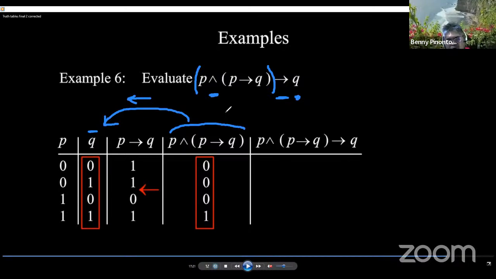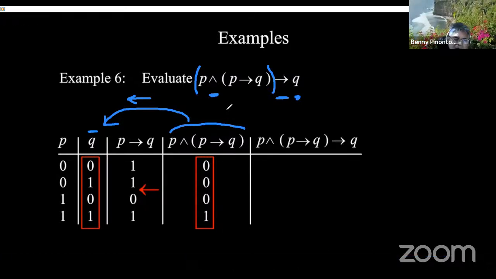Now and and or are commutative, so it means that you can interchange the order. P and q is the same as q and p. P or q is the same as q or p. But p implies q, if p then q, is not the same as q implies p.